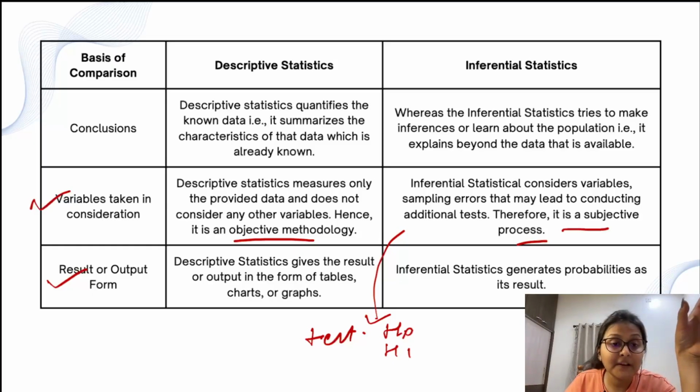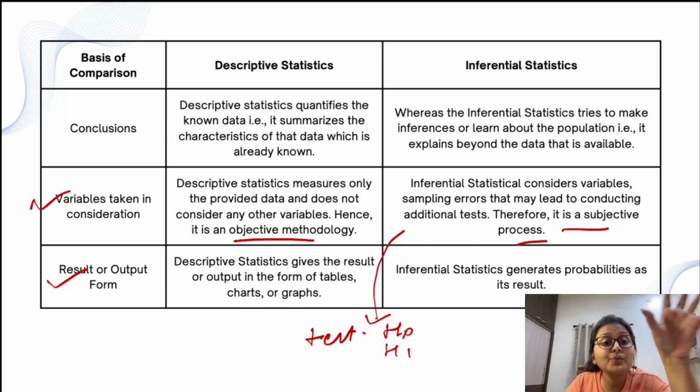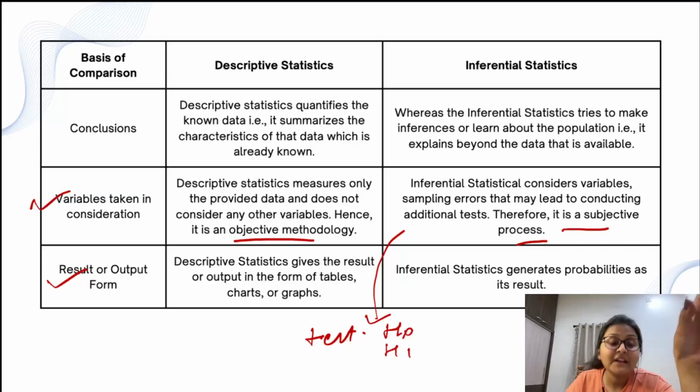If 100 people are being affected due to COVID, due to coronavirus, that is the reason that the population has been reduced. So that generates possibilities that could have happened.